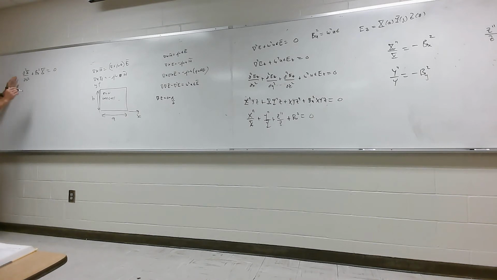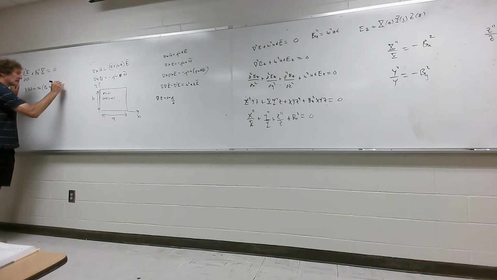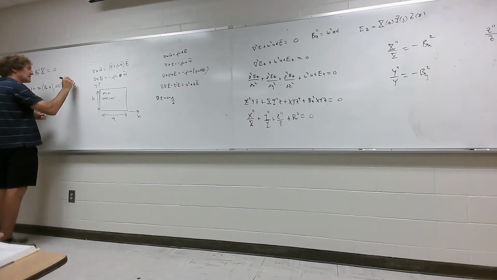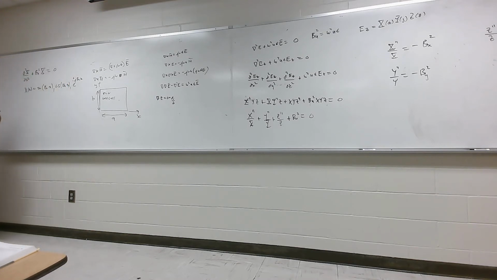So, make a long story short, no matter how you solve this, at the end of the day, the solutions that are possible for x are either going to be equal to a sine of beta x times x, or a cosine of beta x times x, or possibly e to the plus or minus j beta x times x. It's one of those three.